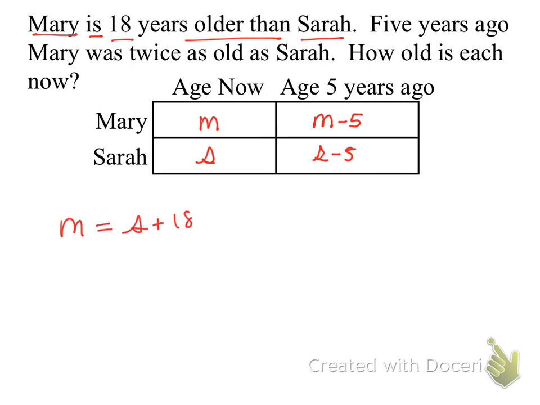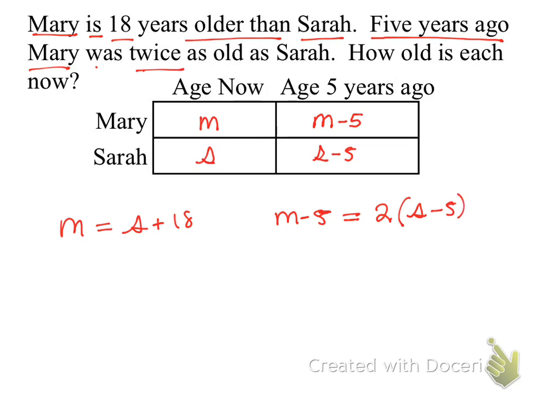Okay. 5 years ago. Now, new sentence. It started with 5 years ago. Anybody mentioned has to be mentioned by their name 5 years ago. How do I write Mary? M minus 5. Was, equals. Is, was, will be, right? Twice Sarah: 2 times her 5 years ago. 2 times the quantity of S minus 5.